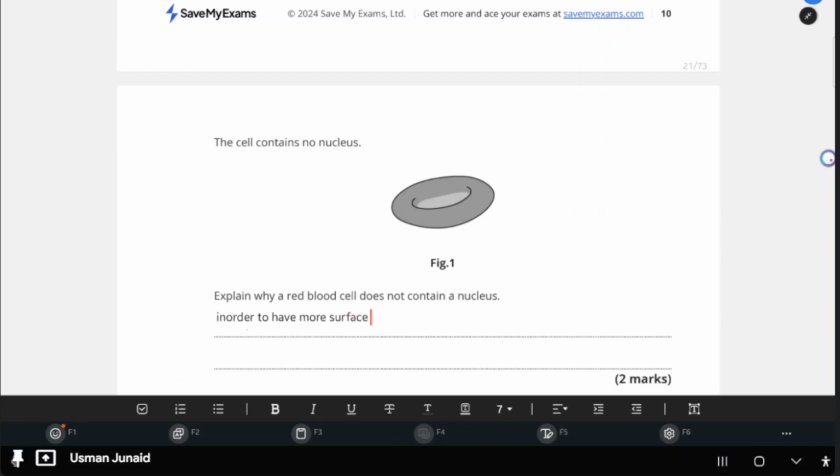The shape is biconcave, right? Biconcave meaning it is pinched on both sides. Therefore, it cannot accommodate a nucleus.